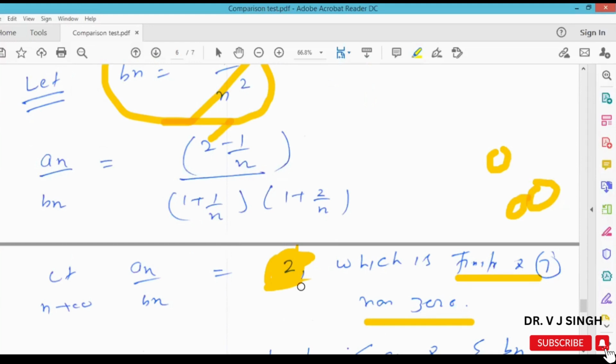So the first case means the answer must be finite and non-zero. So the answer is finite and non-zero.